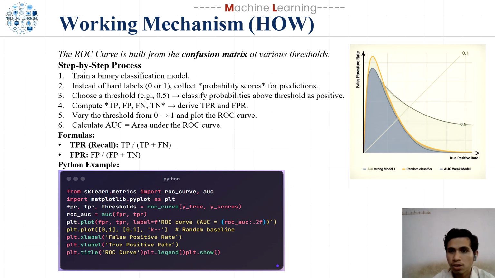Also, I have attached a graph at the top right corner, which shows the ROC curve. The yellow line shows the random classifier, a value of one shows a strong model, and a value less than 0.5 shows a weak classifier. So this is the working mechanism of ROC and AUC.